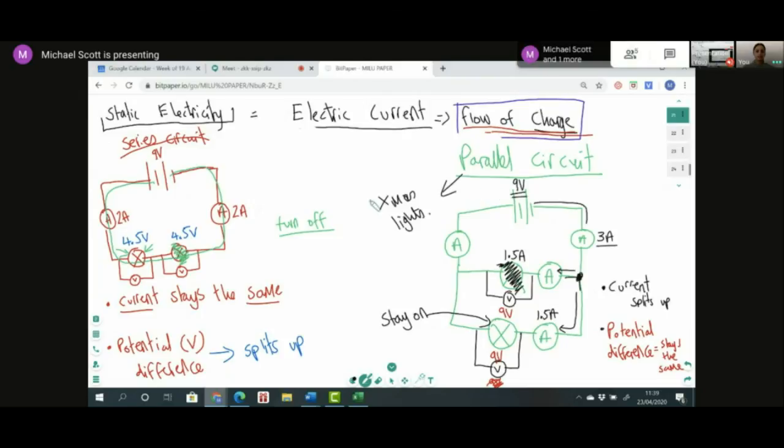I remember when I was younger, and my mum used to do the Christmas tree, if one of the light bulbs broke, it would cause all of the bulbs to turn off. So the old Christmas lights are wired in series, whereas the newer Christmas lights are wired in parallel. So if one bulb breaks, it doesn't cause all of them to turn off.